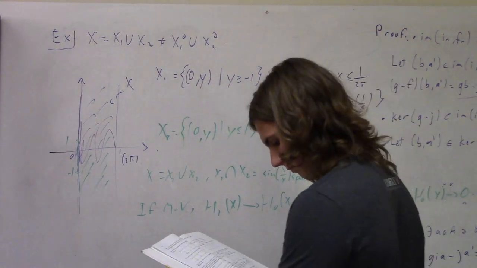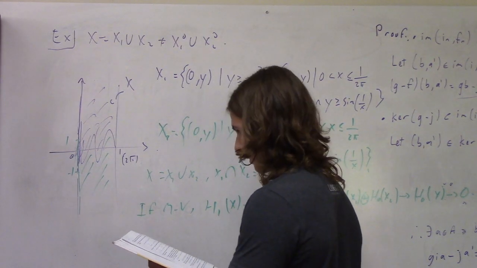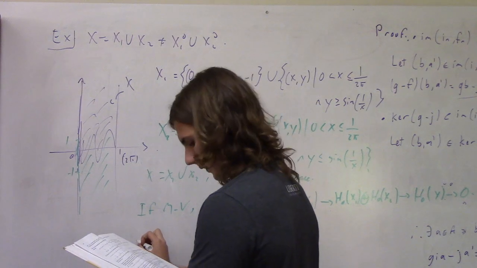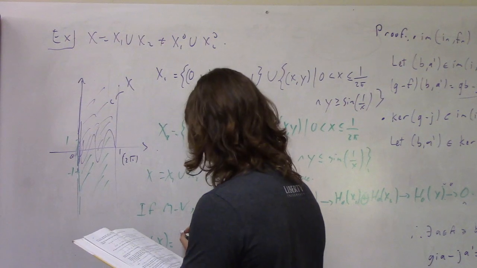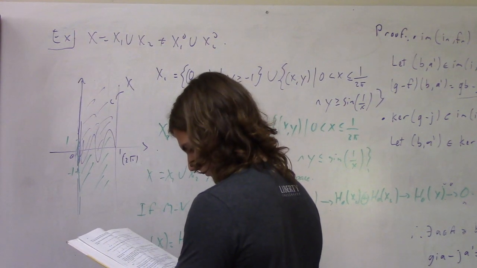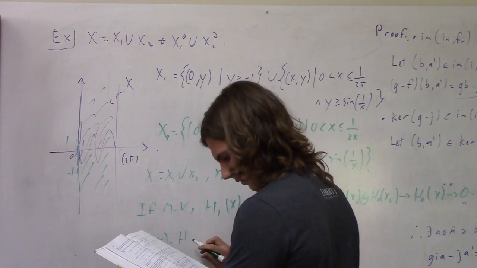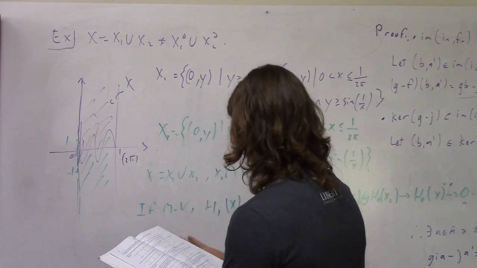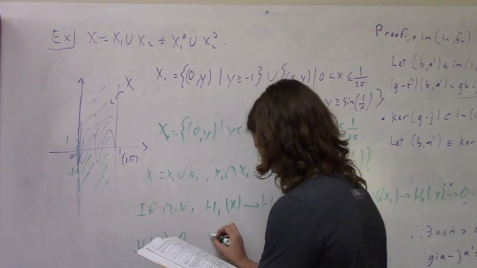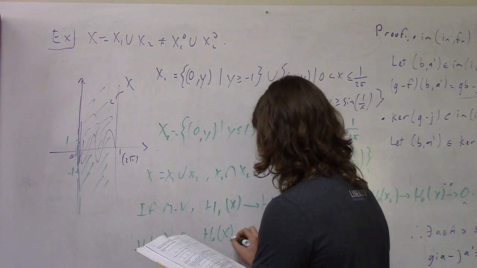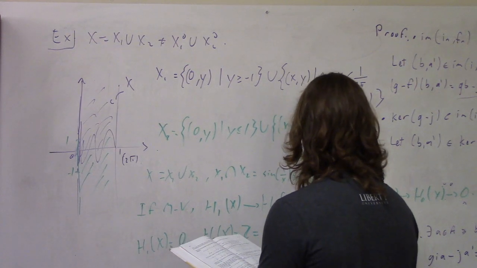We can compute these. X, X1, and X2 are all contractible. So H1 of X equals 0, and all these are going to be 0, I think. And H naught of X is equal to Z, which is equal to H naught of X1 and X2.